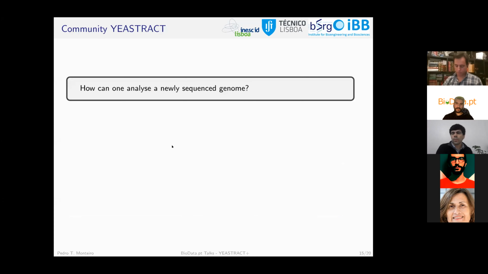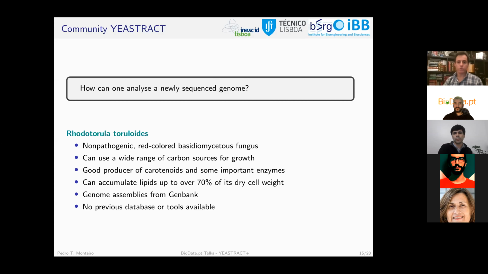So now the question that we can pose is, what happens if we want to analyze a newly sequenced genome? And so since we had the experience of refactoring the whole database and integrating more species, and particularly more strains within the same species, we started to look into it and try to automate the whole procedure of loading a new genome.